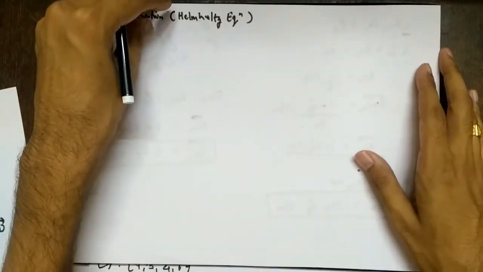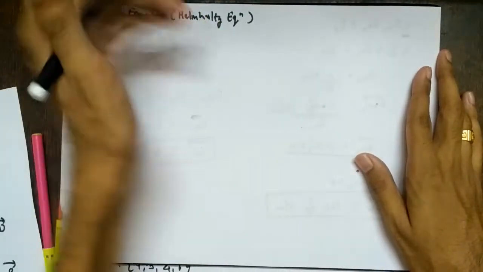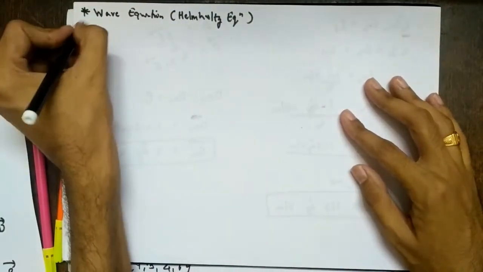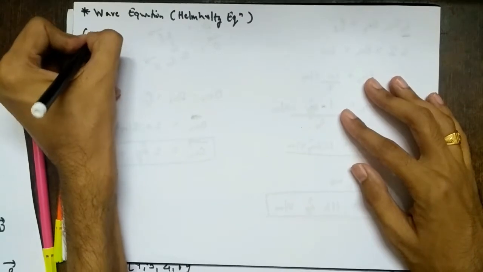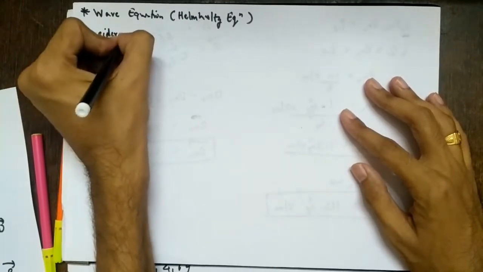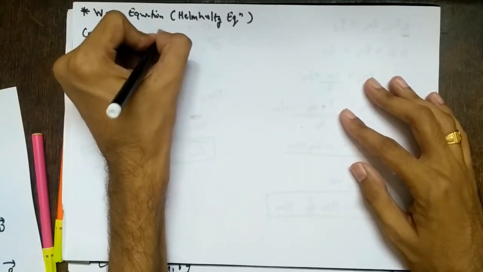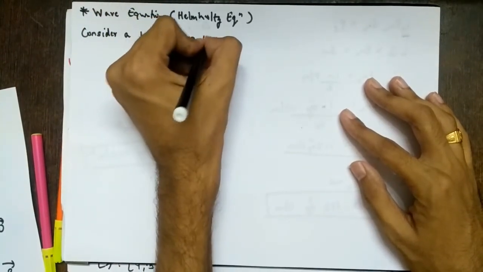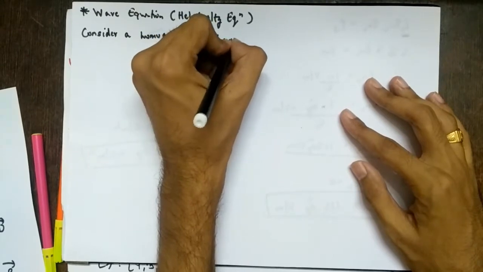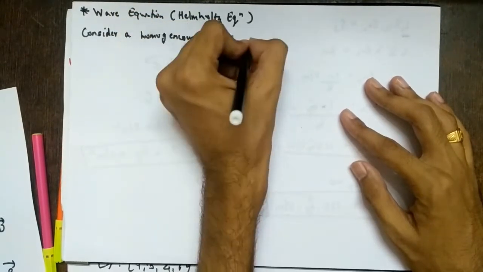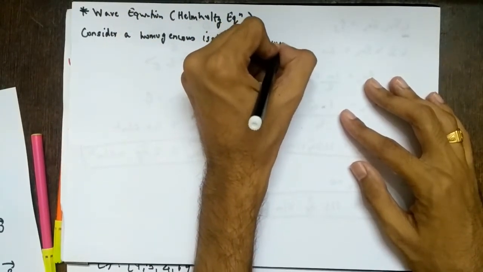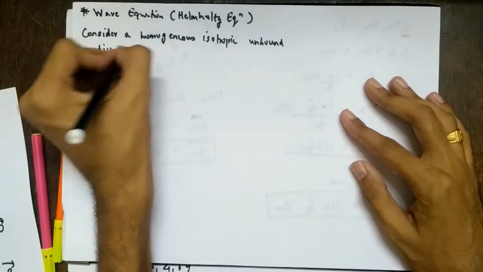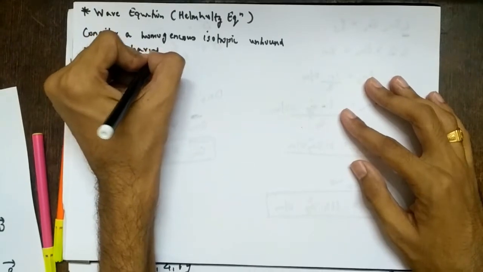So again, this is a derivation. So what we do in derivations in this course, we always assume some things, right? So since it is very important, I'll write just some of the sentences at least. So first we say consider a homogeneous isotropic unbound medium, and we assume that it is having no charges.